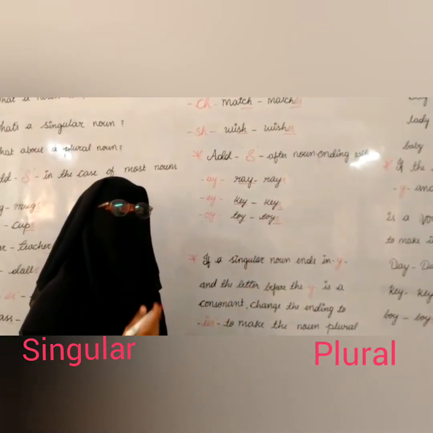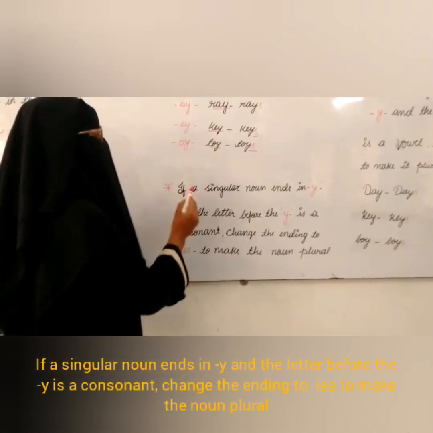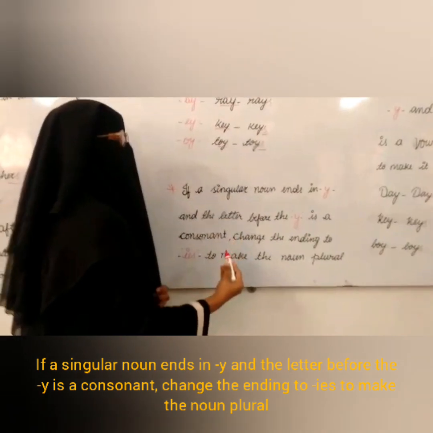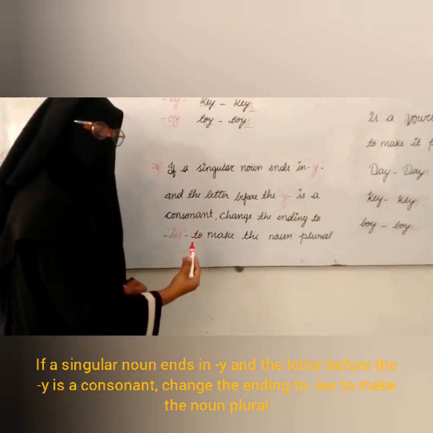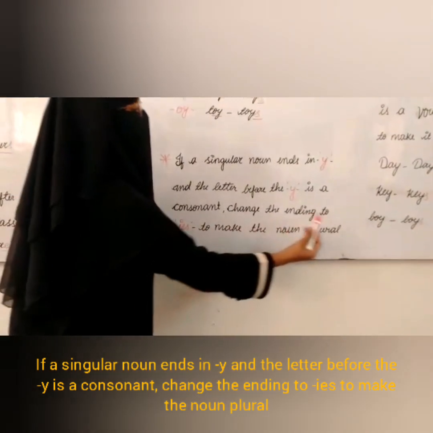Then toy becomes toys. Coming to the next rule, that is if a singular noun ends in Y and the letter before the Y is a consonant, change the ending to IES to make the noun plural. Let's see the examples here.